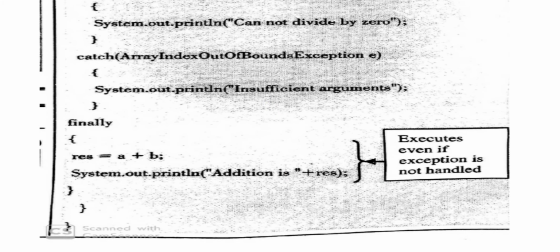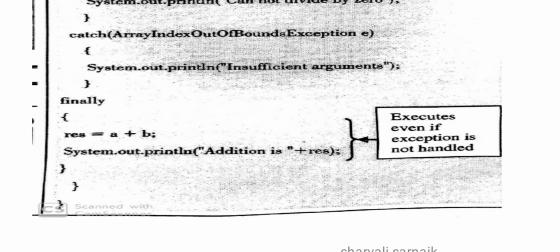After the try and catch blocks, you will see that there is a finally block, and in that finally block there is addition logic, which is stored into the res variable, and then the answer is printed. Suppose exceptions occur in the a divided by b code, it will not affect the addition code.